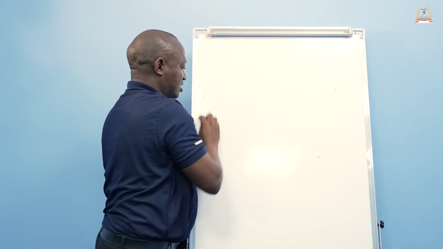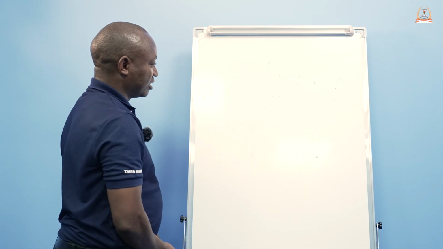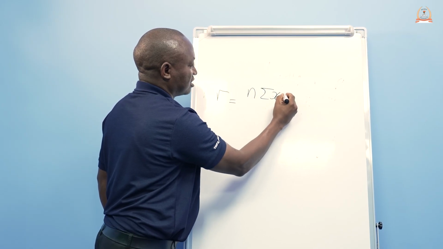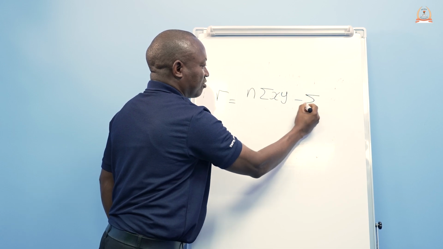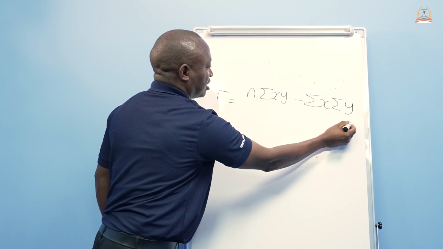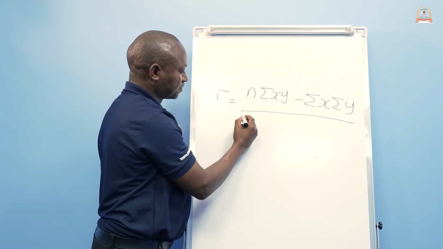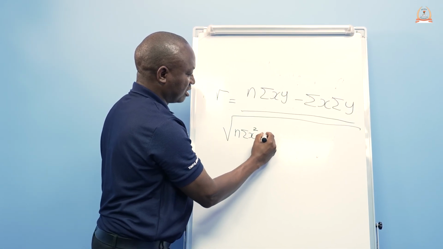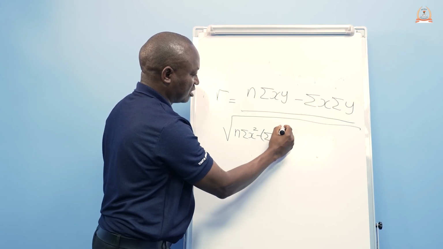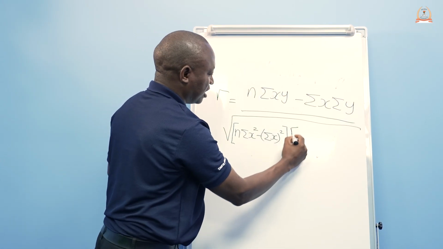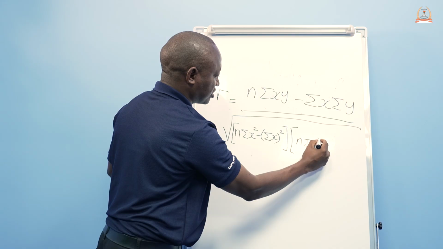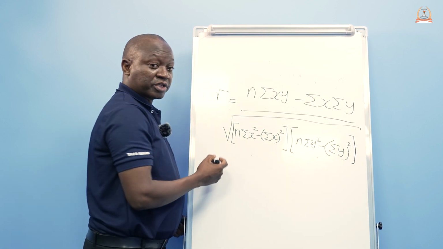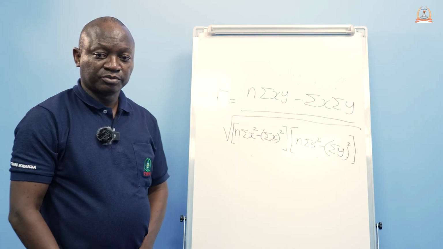It is normally given by this formula here. r is equal to n times the sum of xy, minus the sum of x times the sum of y, divided by the square root of n times the sum of x squared minus the square of the sum of x, and then you do the same for y: n times the sum of y squared minus the square of the sum of y. The whole thing is under the root.